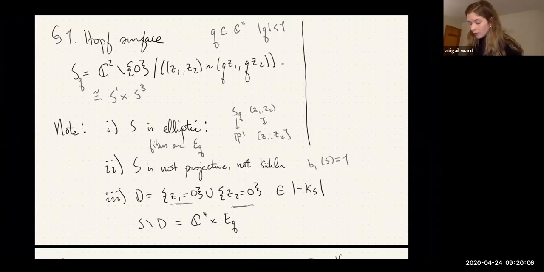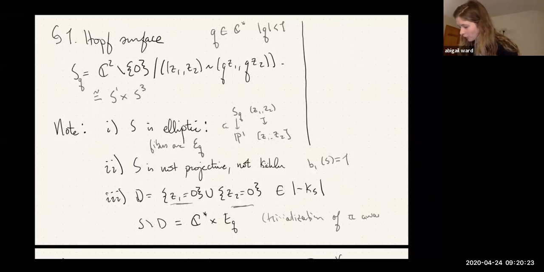So you get C star times E_Q. This equality here is some sort of trivialization. Maybe I just want to call this map pi. I don't think I'm ever going to use it again. It's a trivialization of pi away from the poles of P1.